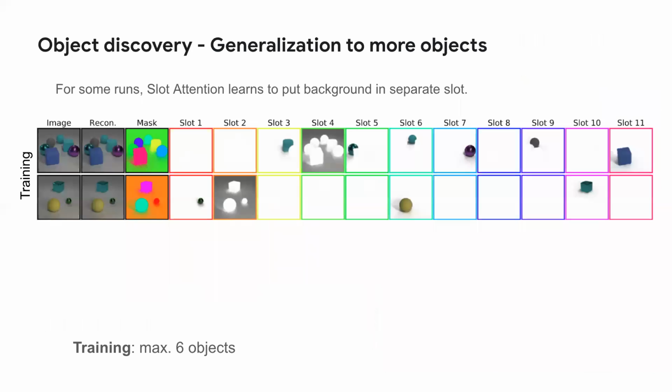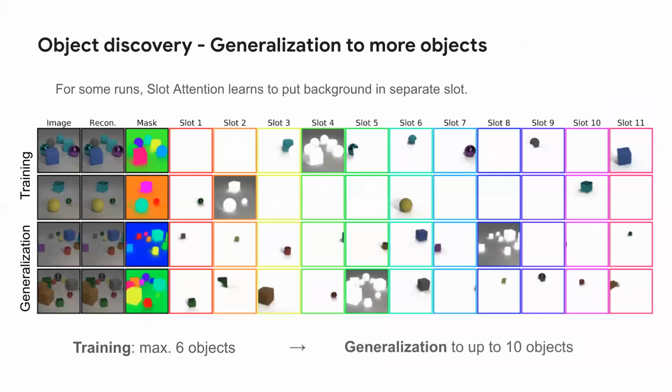And again, we can train with a maximum of 6 objects and generalize to more objects just by adding slots at test time. And as you can see, each object is captured in a slot.